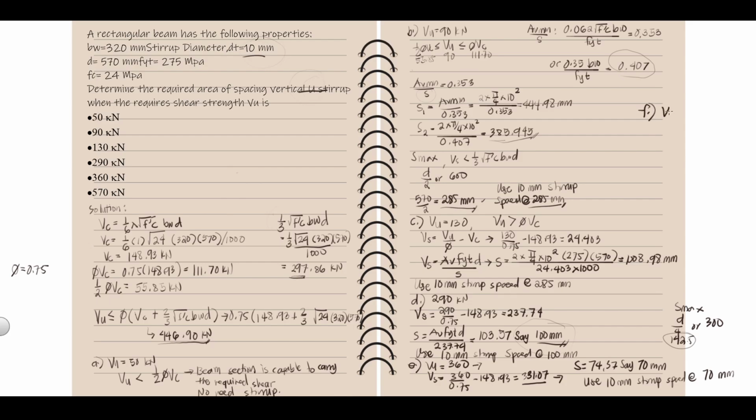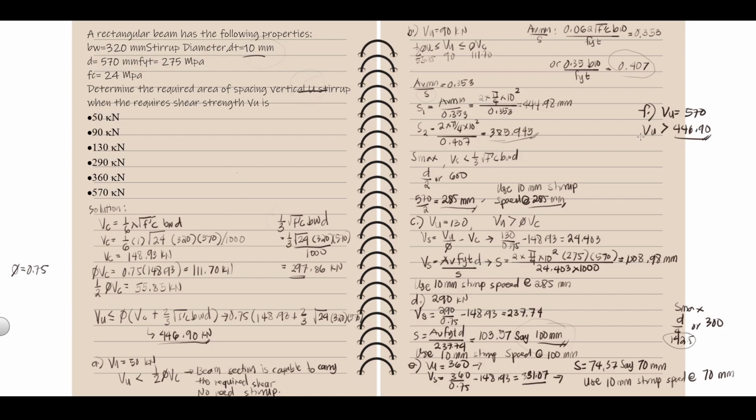Susunod, letter F. Ang VU naman natin dito is 570. As you can see, mayroon tayong cross-sectional dimension checking. So, meron tayong 446. So, yung VU natin na given is greater than yung 446 natin, 0.90. Yung cross-sectional limitation natin. Okay, therefore, anong gagawin natin pag ganito? Okay, ibig sabihin, hindi papasa sa code yung inyong cross-section.